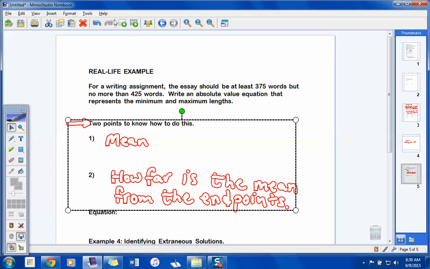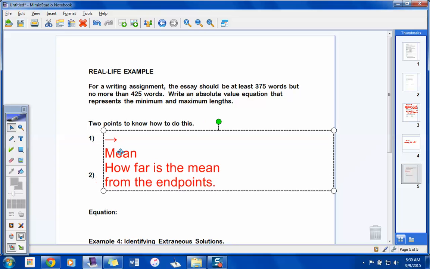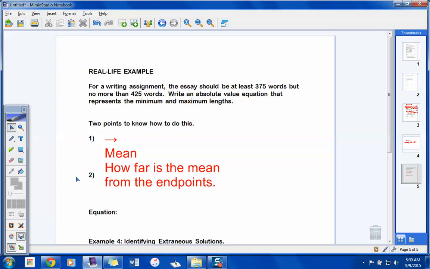I should probably have a question mark on the end of that. So two things you're going to need. The mean, and then how far is the mean from the endpoint. Those are the two things you're going to need. All right? Everybody okay with that?